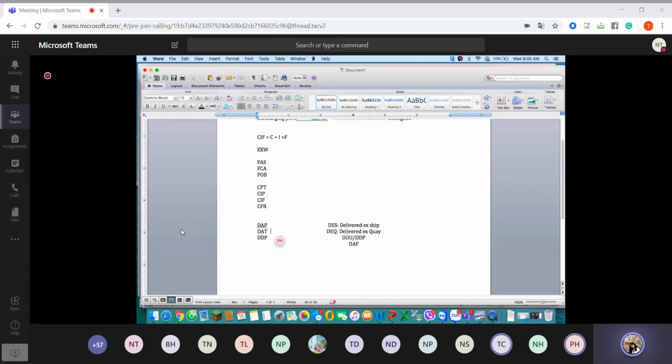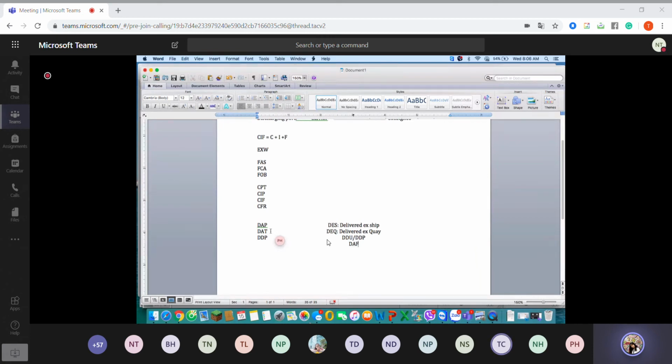DAT means delivered at terminal, and the seller delivers when the goods, once unloaded from the arriving means of transport, are placed at the disposal of the buyer at the named terminal, port or place of destination. A terminal includes any place, covered or not, such as a warehouse, container yard, or road, rail or air cargo terminal. The seller bears all the risks involved in bringing the goods and unloading them at the terminal at the main port or place of destination.